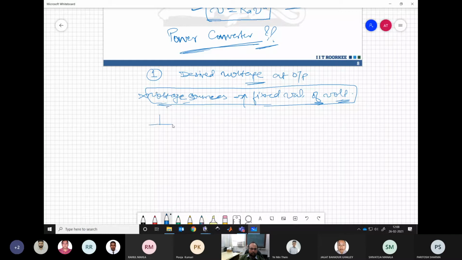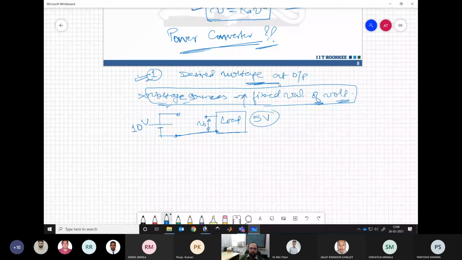If you have a battery and you want to change its voltage, it is very difficult while the system is running. So if your load needs, let us say, 5 volts and your battery has 10 volts, then you need to do some arrangement to have 5 volts at the load terminal, which is where our power converter comes into the picture. This is the first requirement it must fulfill: the desired voltage whatever we need must be applied to the load.